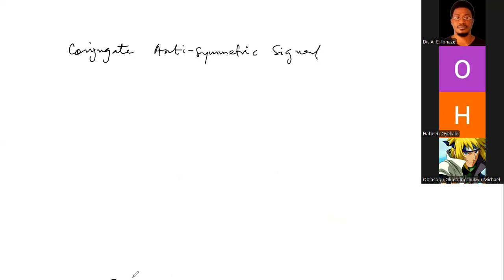So technically, for the conjugate anti-symmetric signal, S of t will be the same as the amplitude reversed component of the conjugate signal after performing the time reversal.